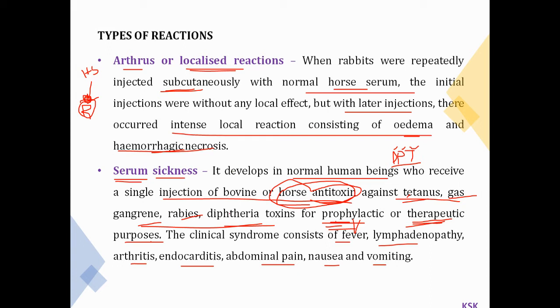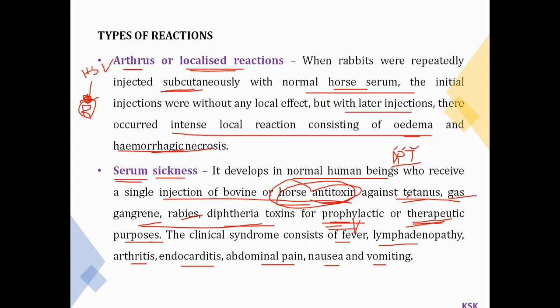All these conditions are known as serum sickness. That's why doctors say don't panic if fever comes after vaccination with DPT. If fever comes, the person is immunized and sensitized with the vaccine, so we can say the vaccine is working. Simply we can say like that.